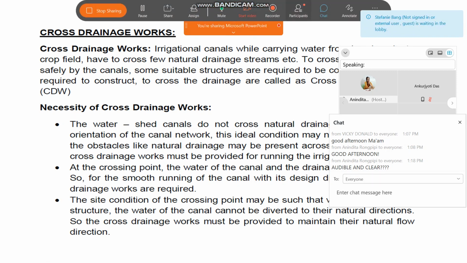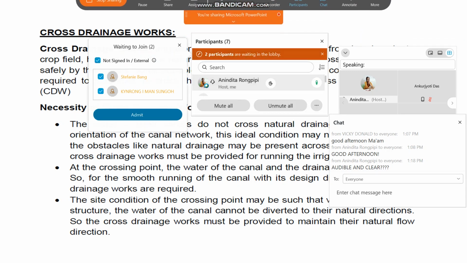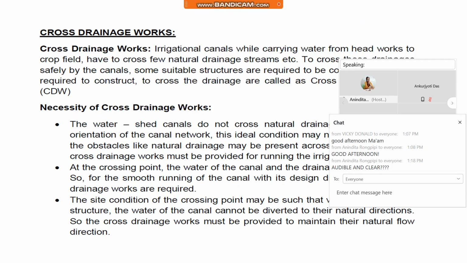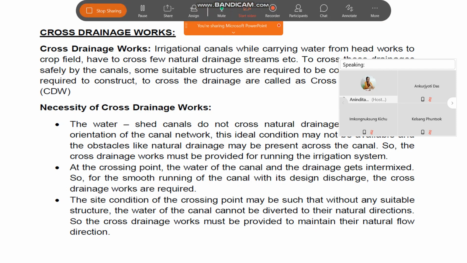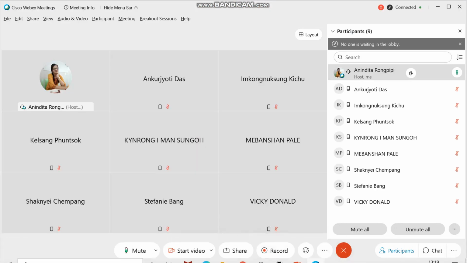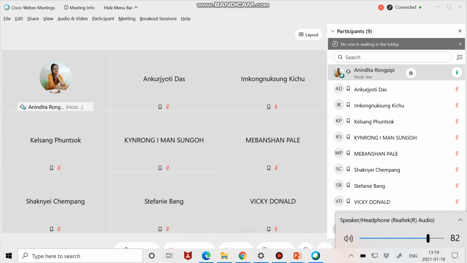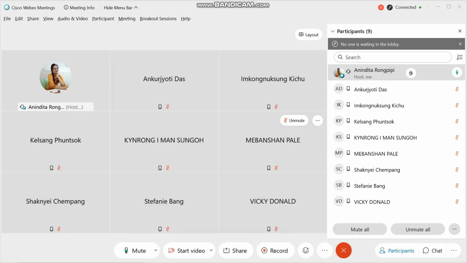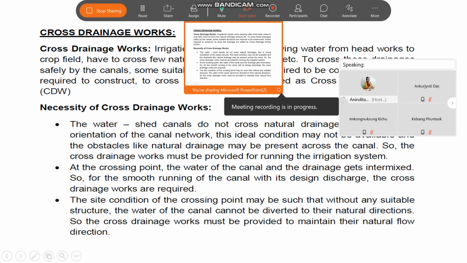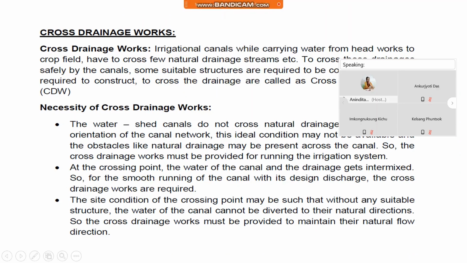So to cross those drainages safely by the canal, some suitable structures are required to be constructed.